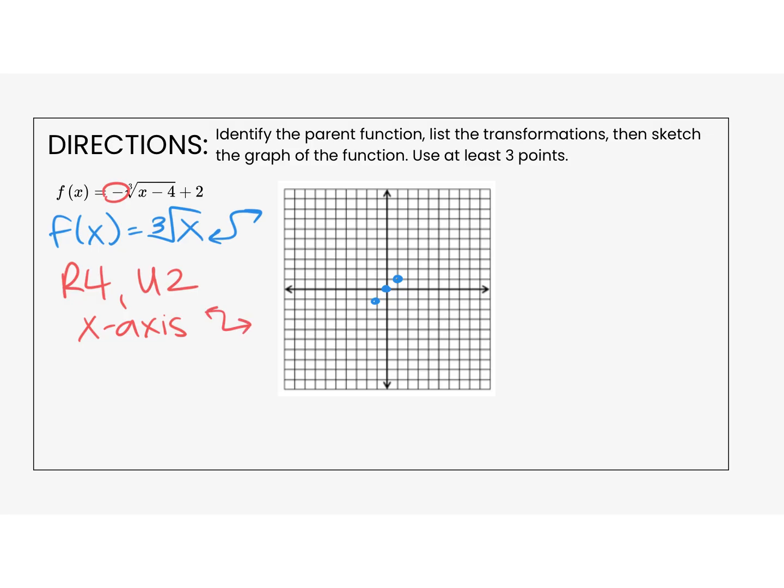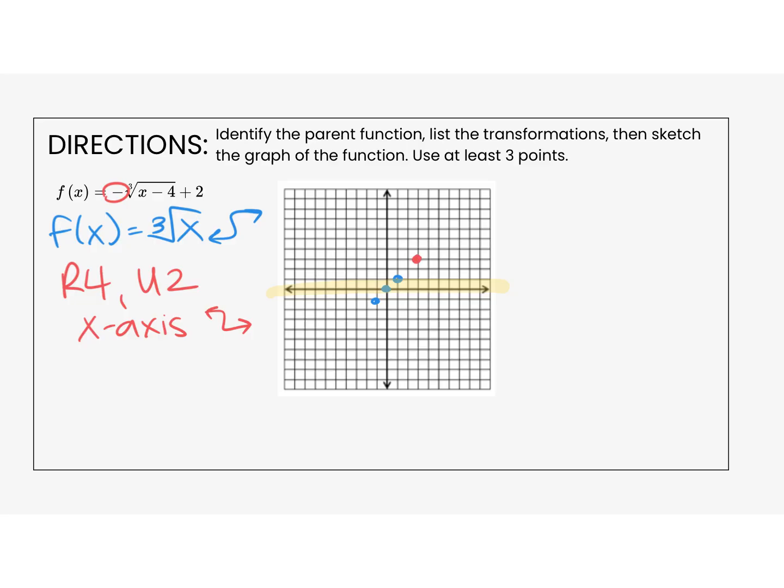So I'm going to take my points. First, I have to do the flip. So if I'm flipping this point, instead of -1, -1, it's going to become -1, 1. And then this point, instead of 1, 1, it's going to become 1, -1, because we're flipping over the x-axis here. So I'm going to perform my reflection, and then I'm going to go right 4, up 2.